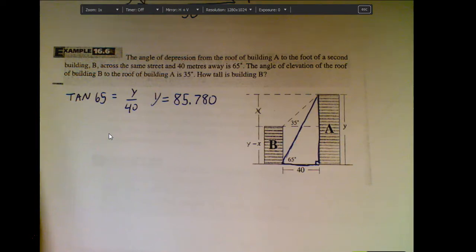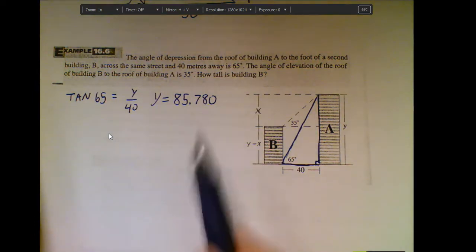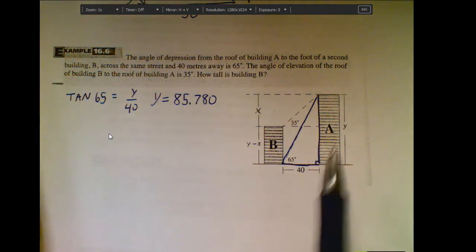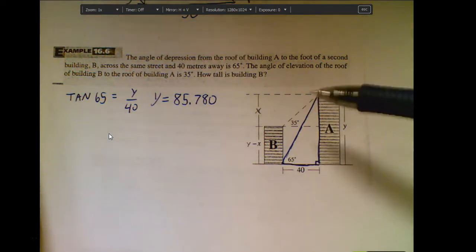I don't want to round off too shallow. If I'm going to need this value to do something else, I want to go a little deeper into my decimals since I'm not done with the problem yet. I want to make sure that my ending answer comes out nice and accurate. So we now know the height of building A.